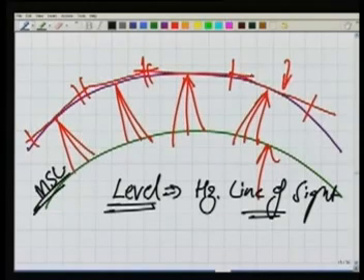We can establish the level surface using the level, which gives us in fact the horizontal surface or horizontal line. Now having understood this, we can make use of this level and staff combination in order to determine the elevations of various points.